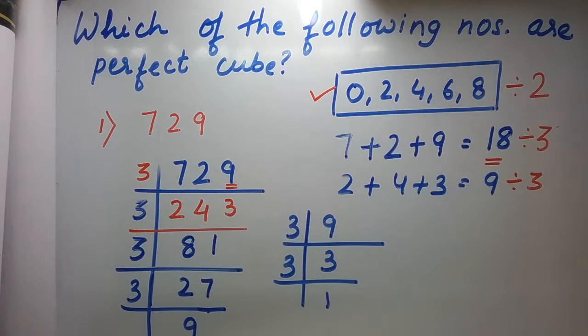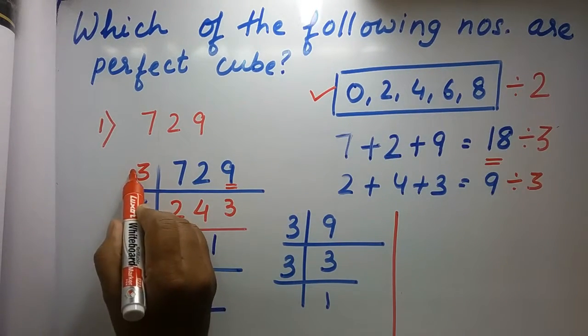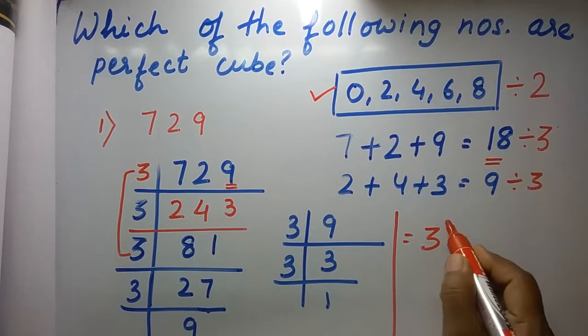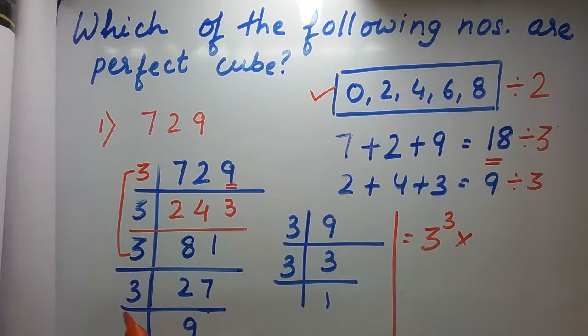So altogether, when they ask which of the following numbers are perfect cubes, check how many 3s you got. Here 3 cubes are there, one set of 3 cube. Then you have another set of 3 cube.